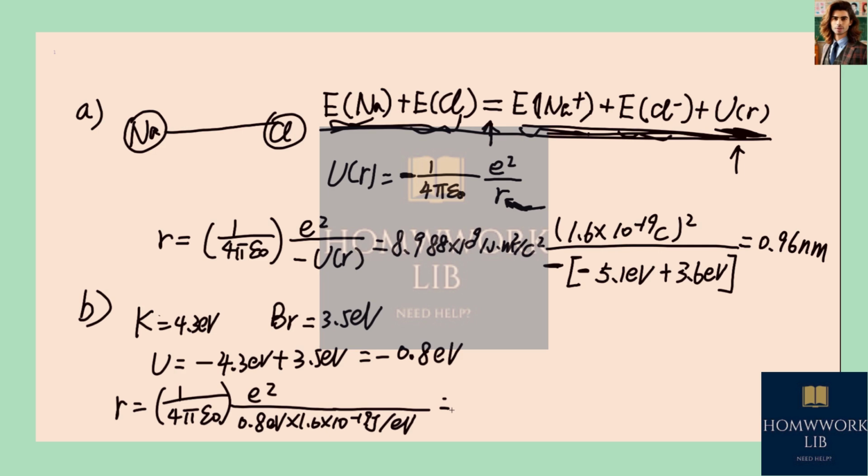The final answer we get is 1.8 nanometers. This is the maximum separation between the two elements, which is twice as large compared to sodium chloride.